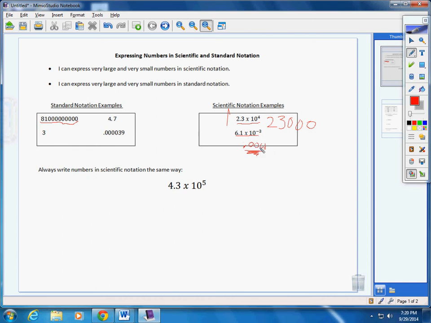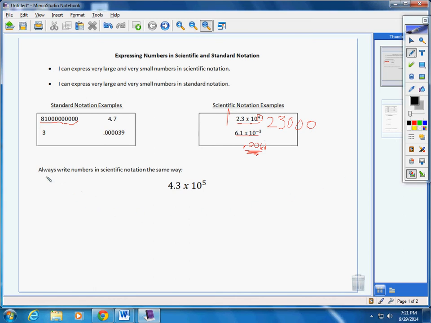They're equivalent to each other. They're the same thing. If you notice, we've got a positive exponent up here in our first example, hence we have a larger number. Down here, we have a negative exponent, and what do you know? We have a smaller number. That's always going to be the case, guys.